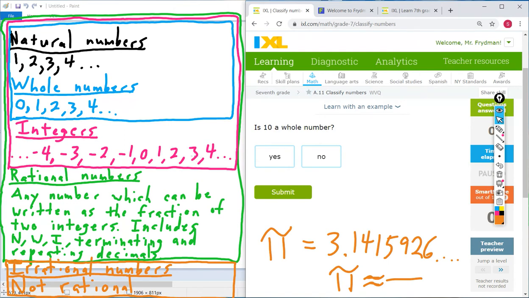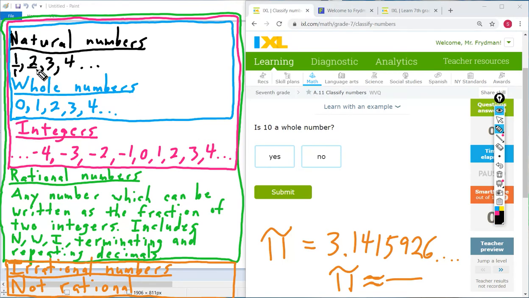Okay, so every whole number is also an integer and also a rational number. And I can make a similar statement for the natural numbers. Notice that the natural numbers 1, 2, 3, 4 are included in the whole numbers, and they're also included in the integers. And also they're included in the rational numbers because we could express them, if we wanted to, as the fraction of two integers.